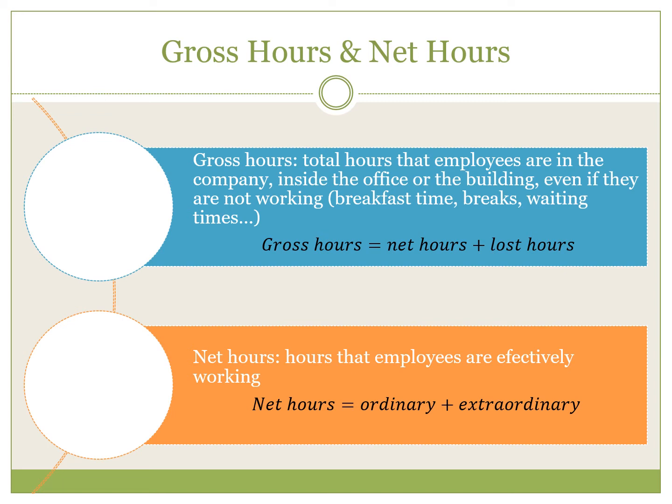So gross hours include net hours plus lost hours. What are net hours exactly? Well, net hours are those hours that employees are effectively working. So they are really working. And we consider here ordinary hours and extraordinary hours. Ordinary hours are those that are included in their usual working schedule.